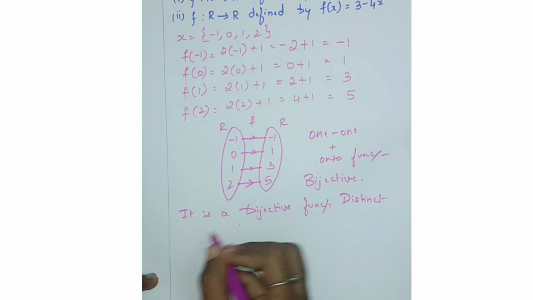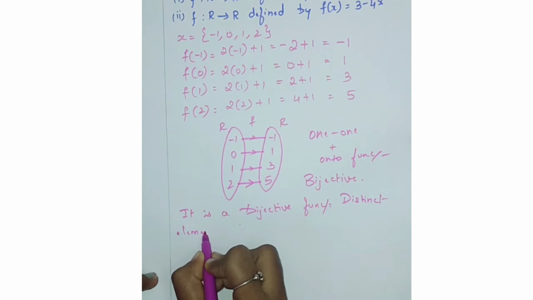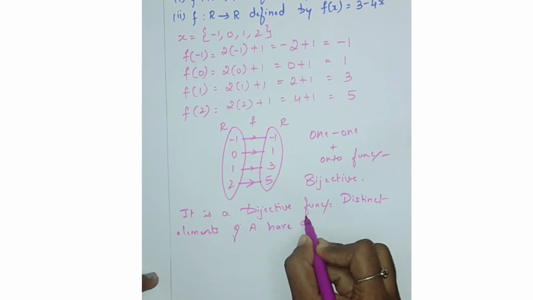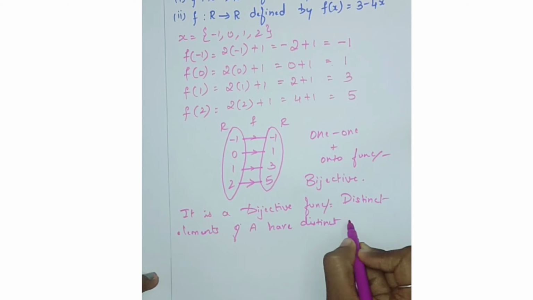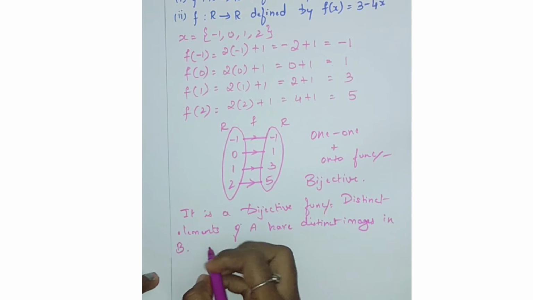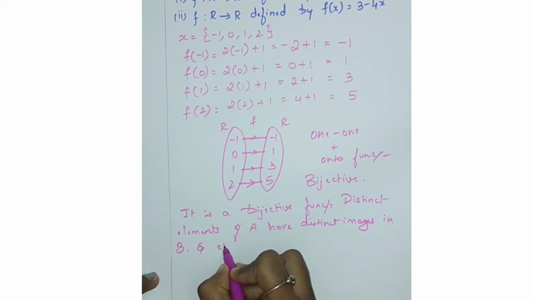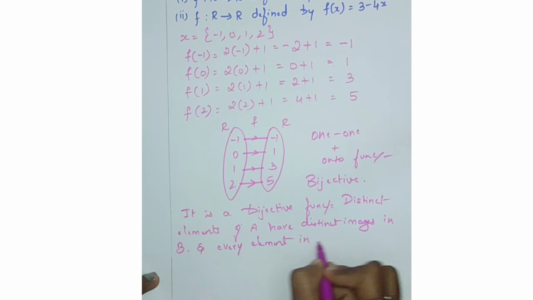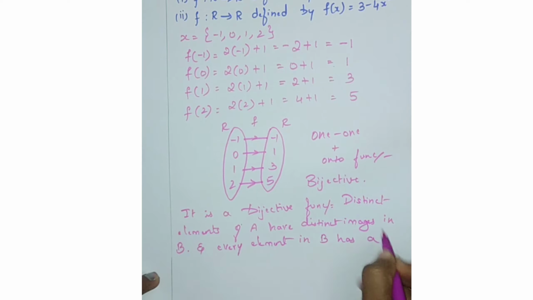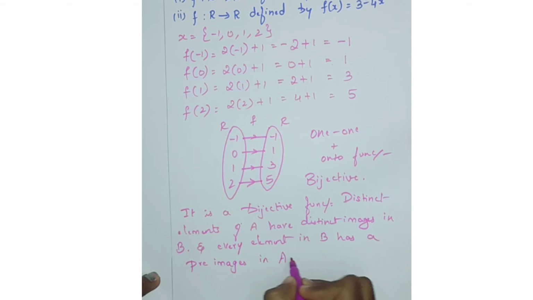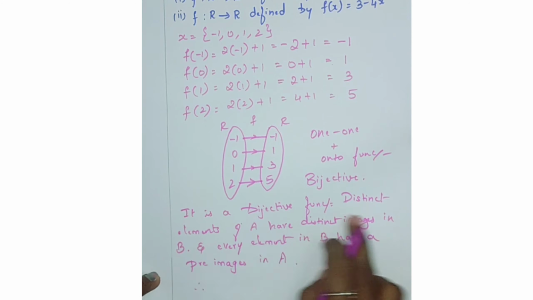Distinct elements of A have distinct images in B, and every element in B has a pre-image in A. So therefore it is bijective.